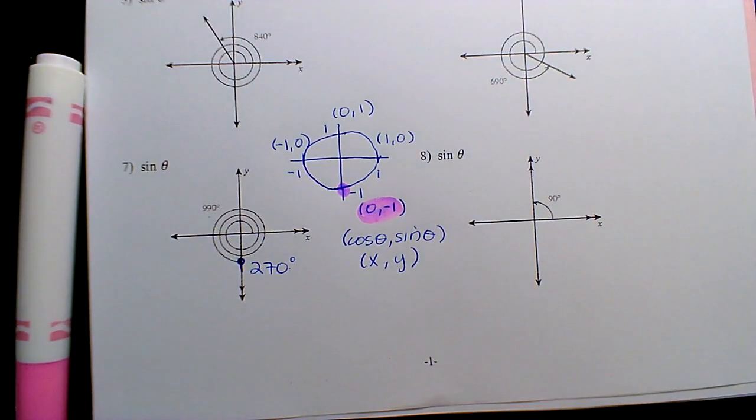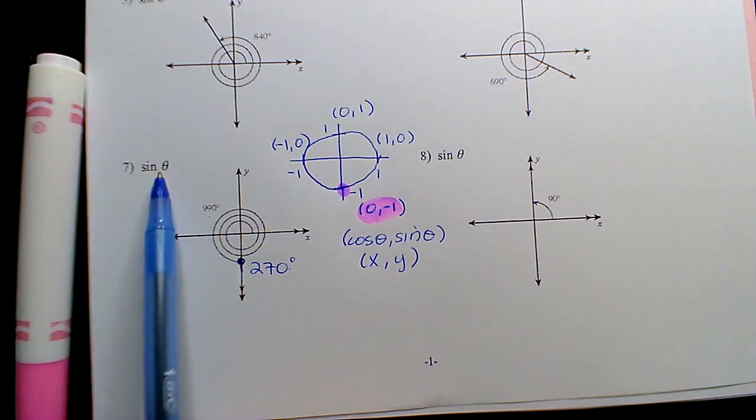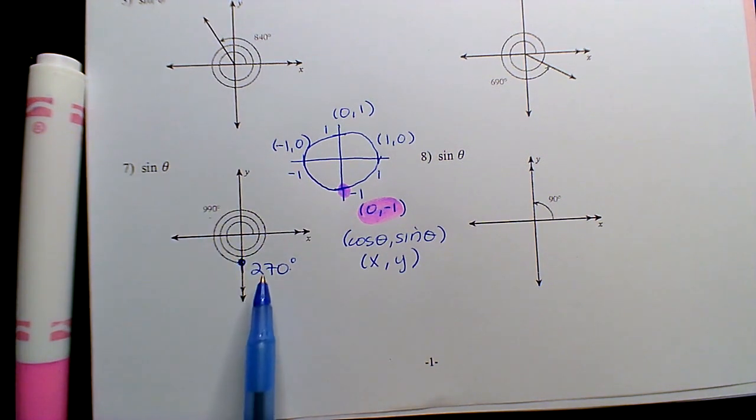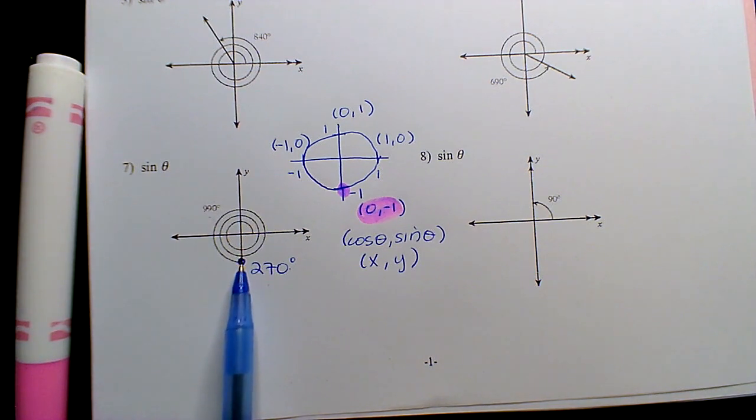So what did you guys put? Your answer is right here in pink. I want sine of 270 degrees. 990 if you're on 3 spins, 270 if you're on 1 spin. That location, there's no 30, 60, 45. It's 0, negative 1. But I just want sine.